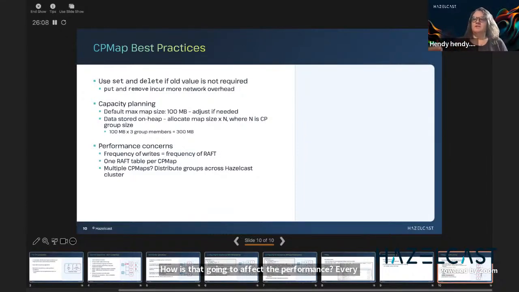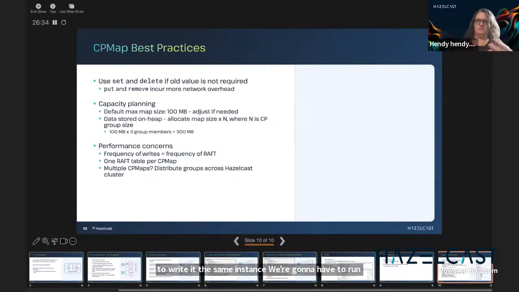Every time you write to a consistency data structure, you have to run Raft. So if you have 100 clients that are all writing to the CP map, every time a write happens, we have to run Raft. If 100 clients are trying to write at the same instant, we're going to have to run Raft 100 times.